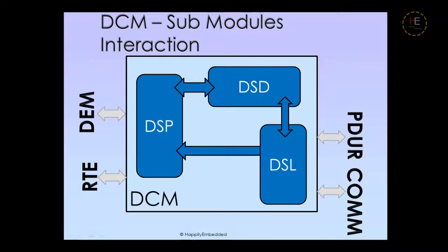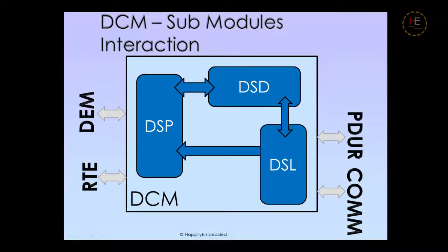The last one is DSP, the diagnostic service processing module. We can check this module also. The diagnostic service processing module will analyze the received request, and it also performs some checks on the received request, that is the format and the addressed subfunction.